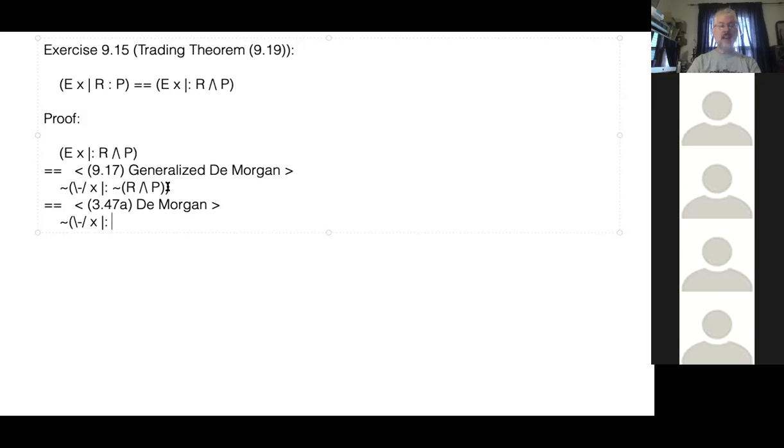It says the negation of an and is the negation of the pieces ORed together. So we flip the and to an or, and we negate the two parts. So R becomes not R, and P becomes not P. Okay? Questions?